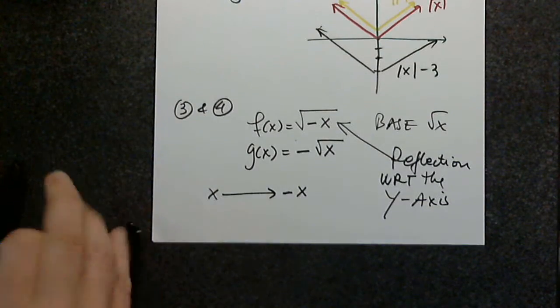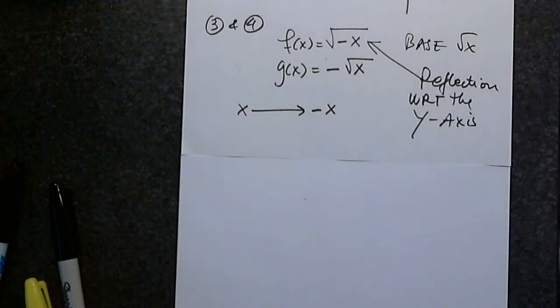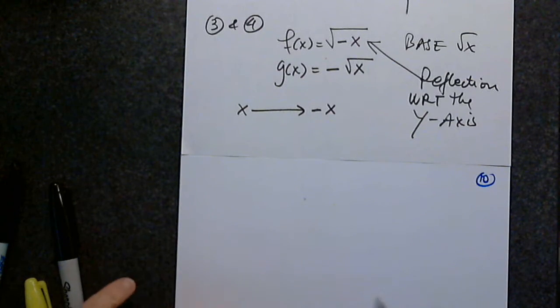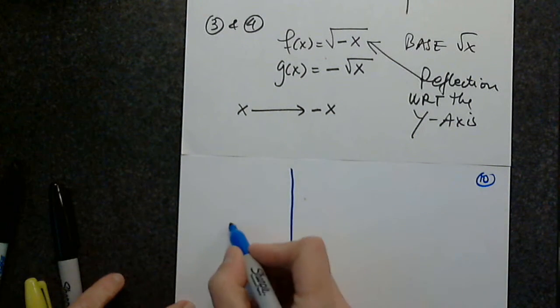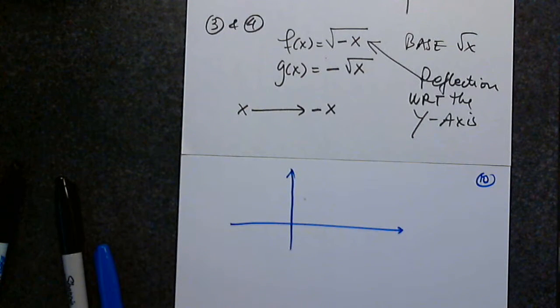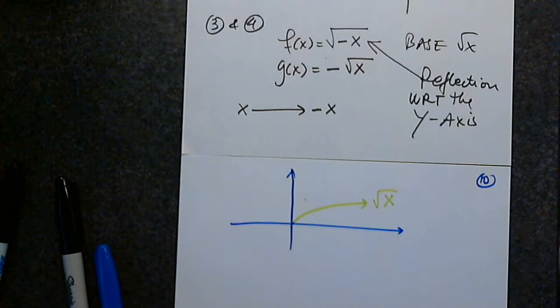Let's graph this for a moment and then come back to g. And I thank Walmart for my colors, because I would not have been able to show you without colors here. So this is, as we know, the square root of x.